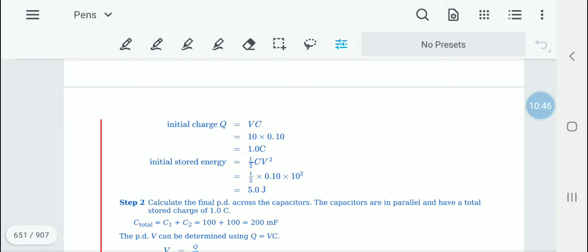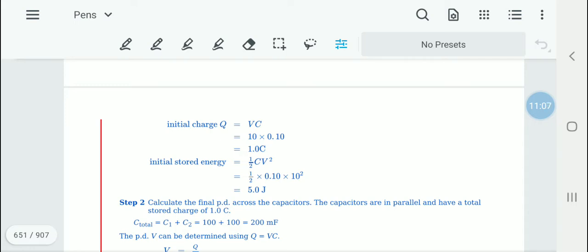Here once again C stands for capacitance, because in equations we don't say coulombs, therefore it is always capacitance. Then half into 0.10 multiplied by voltage squared, 10 squared, then it is going to be 5 joules.